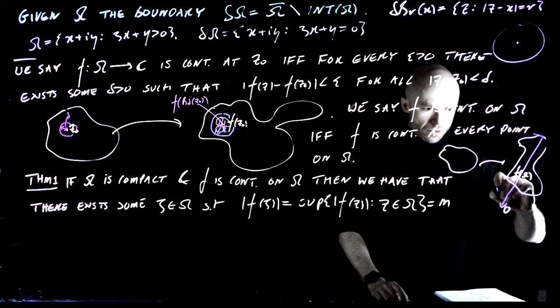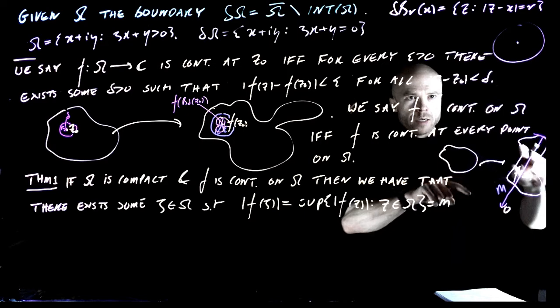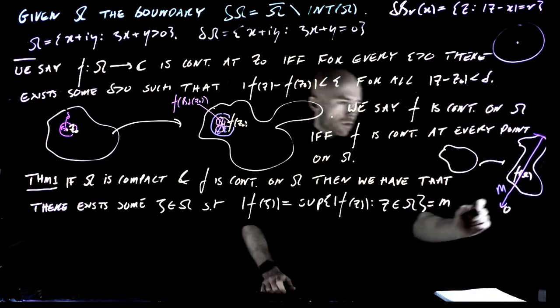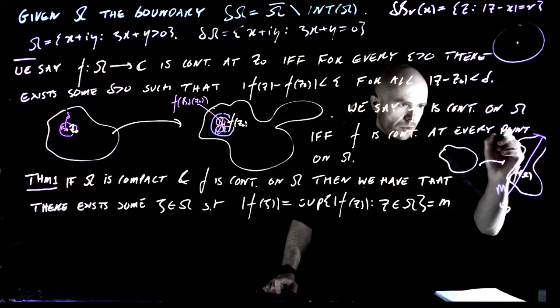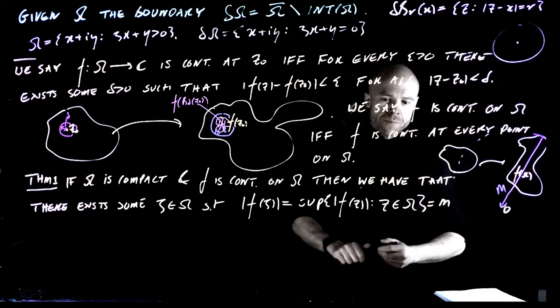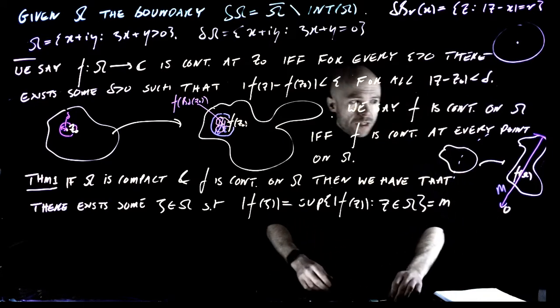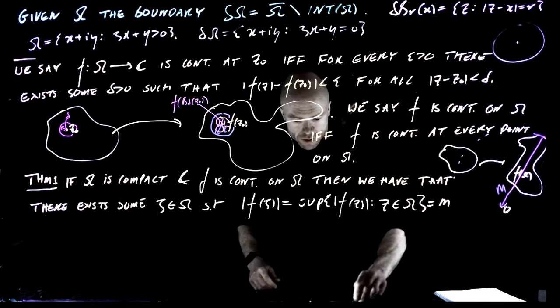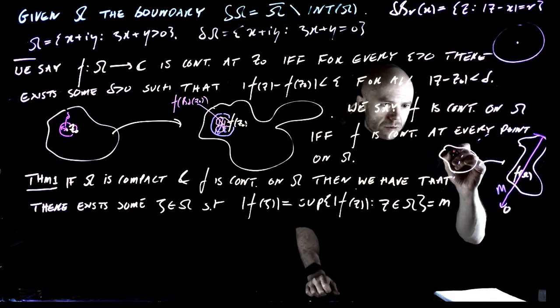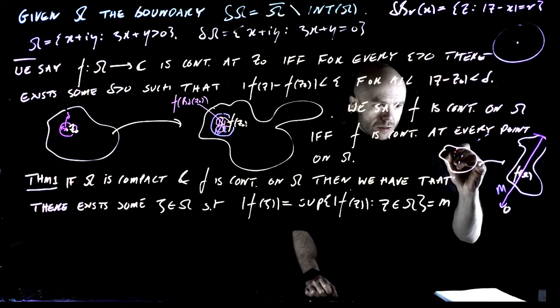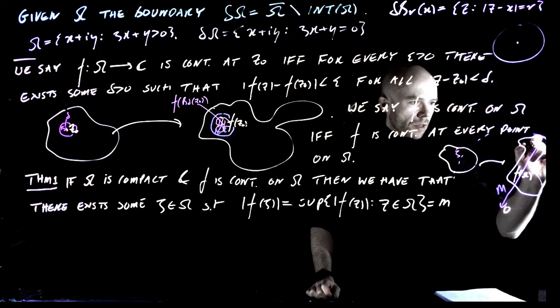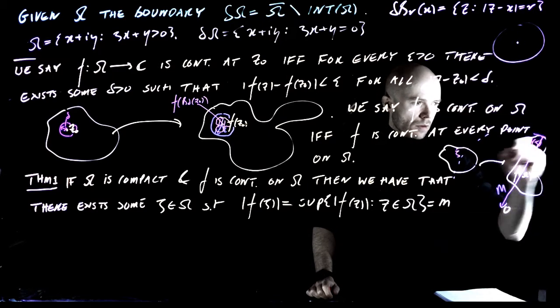So this thing here is m. It's the smallest value for which we can contain this thing inside a ball of radius m around 0. I can't draw an entire ball, but you see what I'm doing. And the claim is that we actually have some zeta, wherever it is, it's going to be here, which achieves this. Okay?